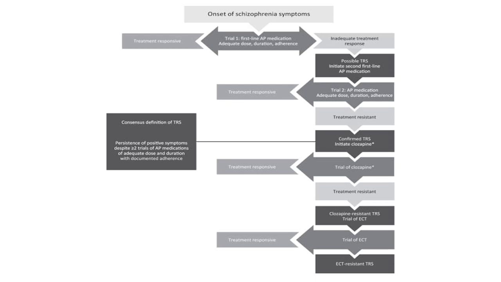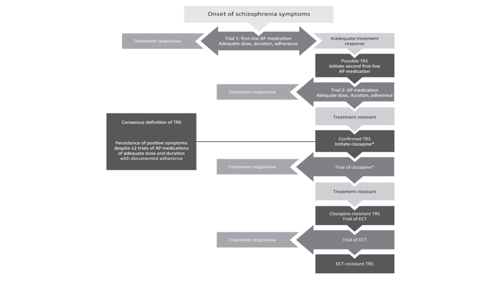There might be a chance that the treatment is responsive, or sometimes an inadequate response is shown with this treatment. If there is an inadequate response, there is a possibility of treatment resistant schizophrenia, but it is not confirmed. So we will initiate the second first line antipsychotic medication.